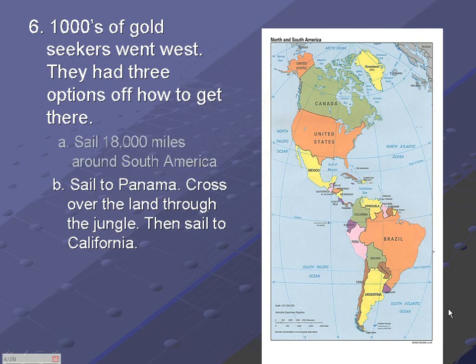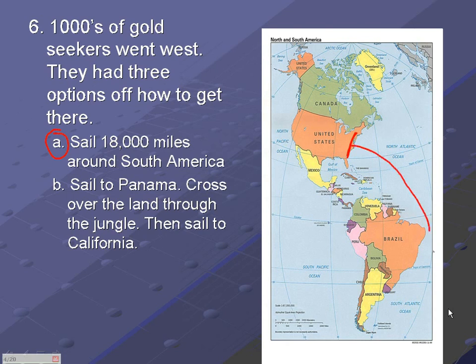If you look at this map right here, we're going to be leaving the east coast of the United States pretty much from all of these routes. The first one, which would be A right here, is that they would sail 18,000 miles around South America, come up here all the way to California.